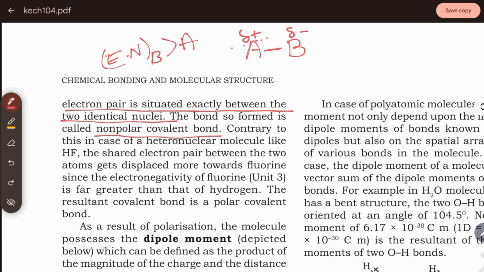The electron pair shifts a little towards B and does not remain at the center, as in the case of AA. These types of bonds are known as polar covalent bonds, developed on account of the electronegativity difference of the two atoms.